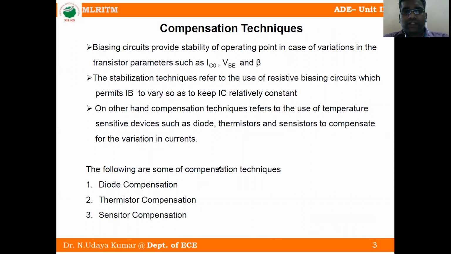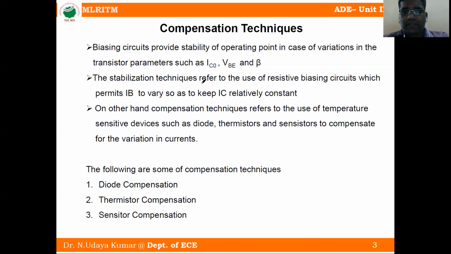So biasing circuits provide stability of operating point in case of variations in the transistor parameters IC0, VBE and beta. The stabilization techniques refer to the use of resistive biasing circuits which permit IB to vary so as to keep IC relatively constant.